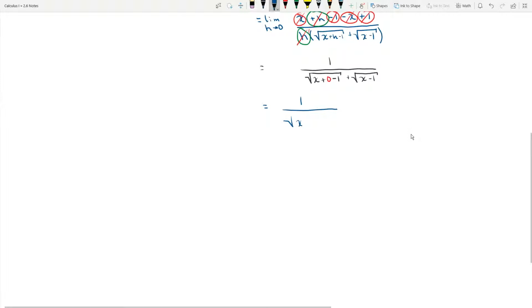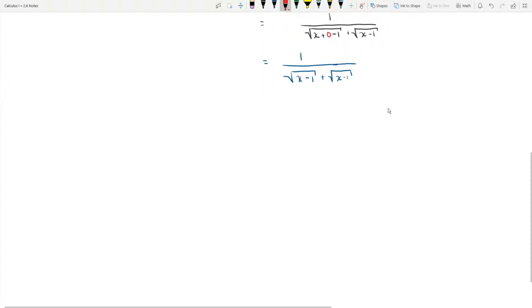Apologize for that. So that would be the square root of x minus 1 plus the square root of x minus 1. And of course, this can be reduced a little bit further. Well, those are the same terms. So we can combine those, and we can call this an equation for the tangent line that is 1 over 2 times the square root of x minus 1. So now we've created the equation of the tangent line.